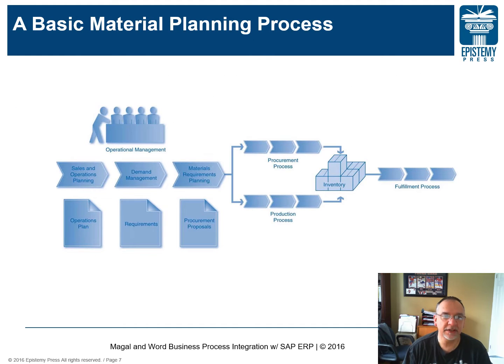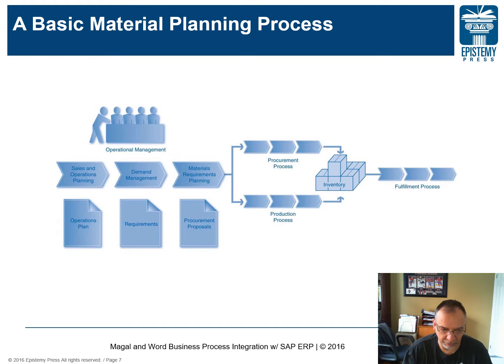So the basic material planning process looks like this. We've got sales and operational planning that's carried out typically strategically by sales and marketing. They're looking at what they need to have available for customer orders.